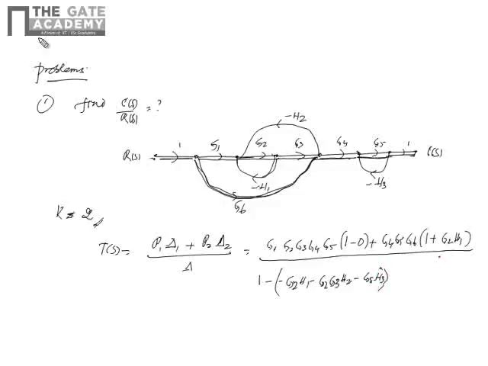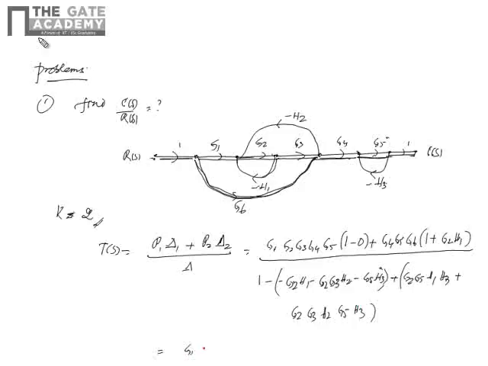Next, plus two non-touching loops, there is G2 H1 multiplied with G5 H3, so you will get G2 G5 H1 H3. Next, plus G2 G3 H2 and G5 H3.